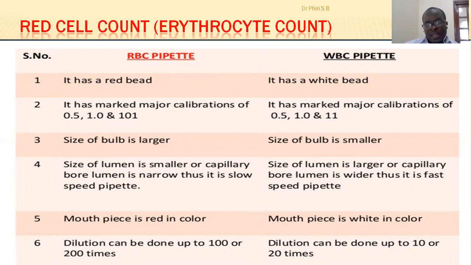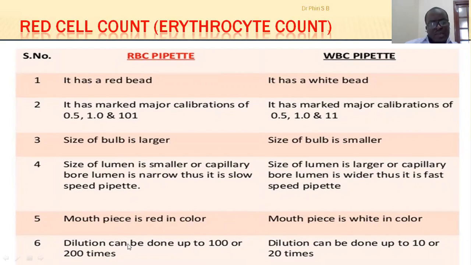That of white blood cell, the lumen is larger and the capillary bore lumen is also wider. So it is also referred to as a fast speed pipette. So you can aspirate a larger volume of fluid per minute or per unit time as compared to that of red blood cell pipette. The mouthpiece for red blood cell pipette is red in color. That of white blood cells is white in color.